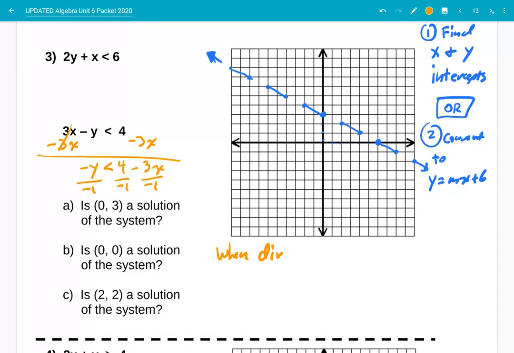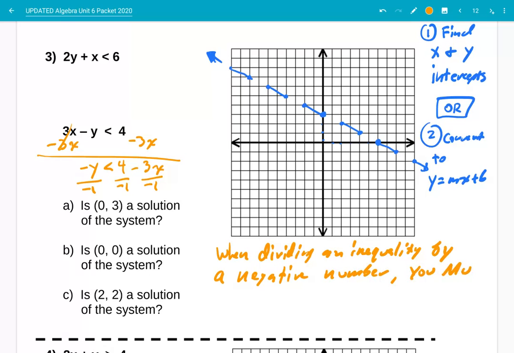when dividing an inequality by a negative number, you must flip the inequality sign.